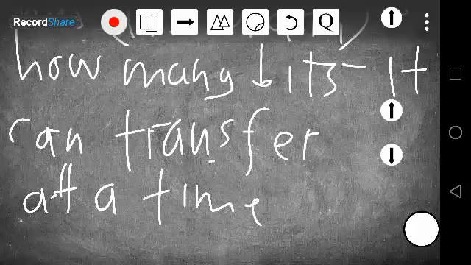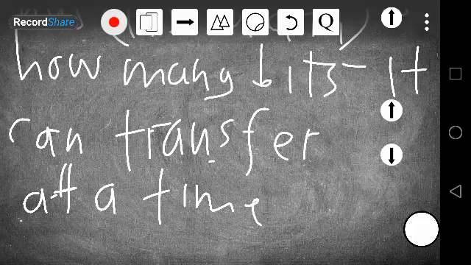Okay, that's the size of a bus, as in its width. It's how many bits it can transfer at a time.